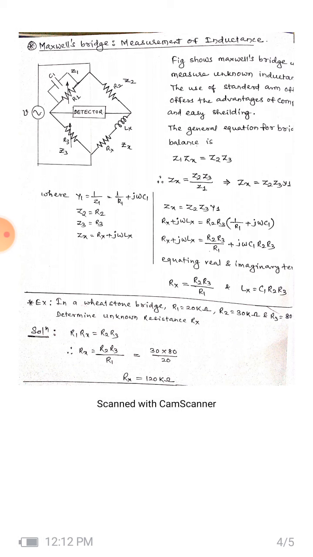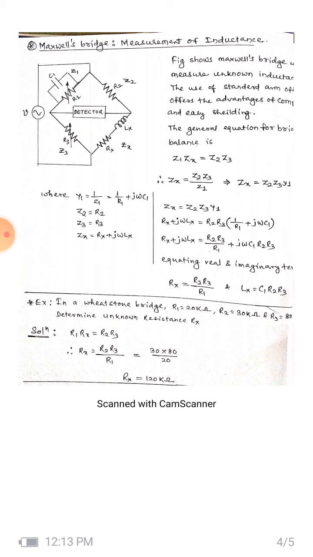Y1 we can write as 1 divided by R1 plus j omega C1. After combining the equation, solving it and separating the real and imaginary parts, we get Rx is equal to R2 into R3 divided by R1, whereas Lx is equal to C1 into R2 into R3.